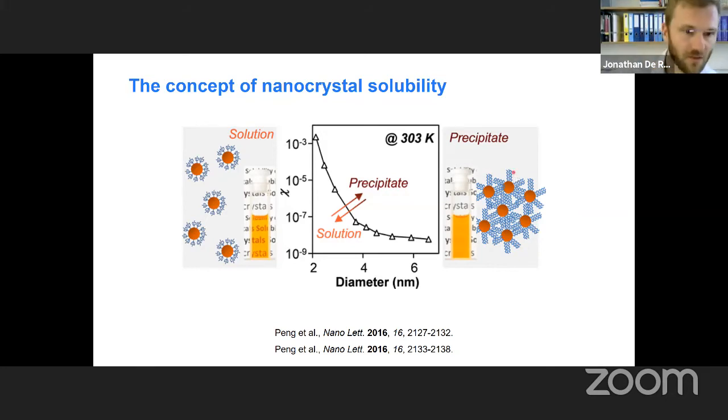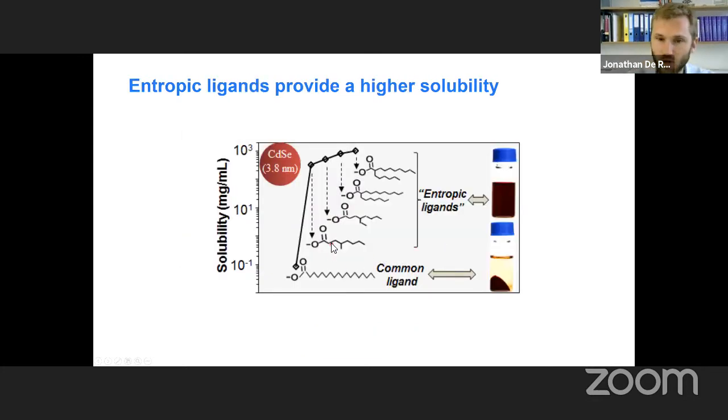And so that was his main realization, that this is an entropically driven process, that if you can make sure that ligands cannot crystallize, then they will have a much higher solubility, because then you destabilize this precipitated state. And that's exactly what he showed with these branched ligands, which he called entropic ligands.